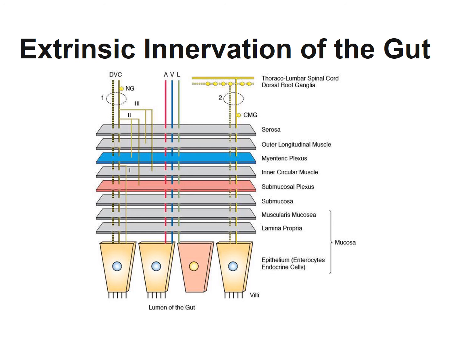So the cell bodies of the first order neurons are located in the dorsal root ganglia along the vertebral column, and the second order neurons are located in the celiaco-mesenteric ganglia, or CMG.